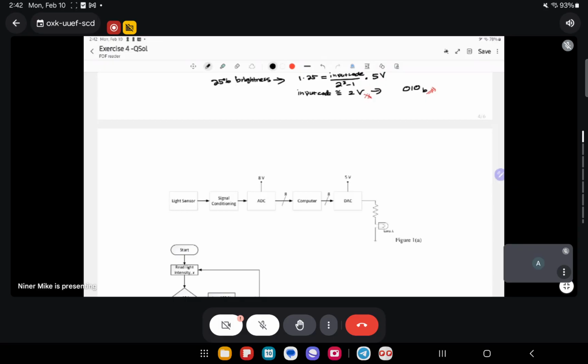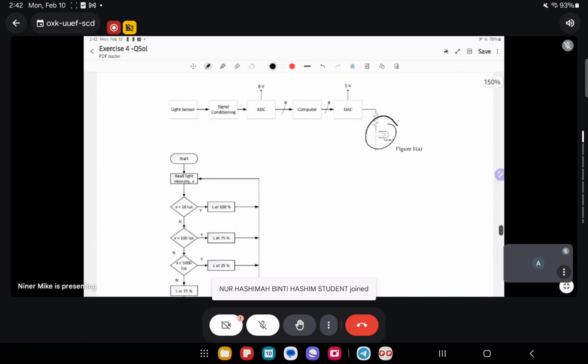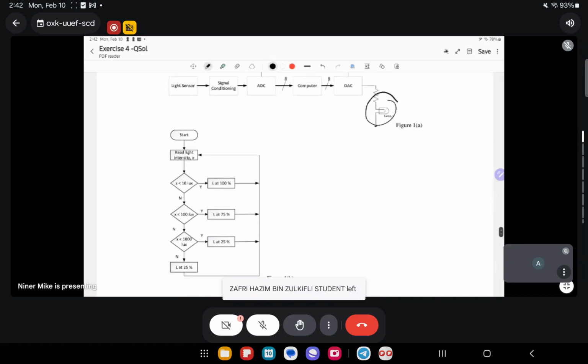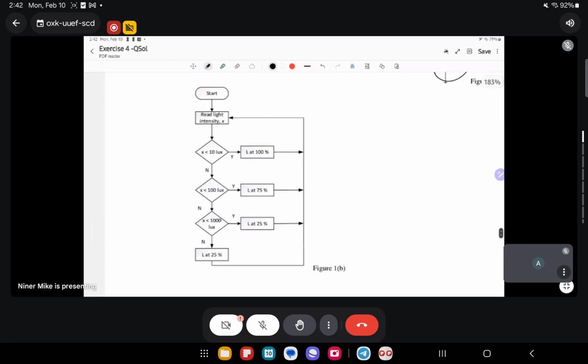So you are trying to get the DAC so that you can turn on this light accordingly, so that you get the actual lux, no? So this is a comparison. Perhaps maybe you can discuss a bit on this comparison lah.